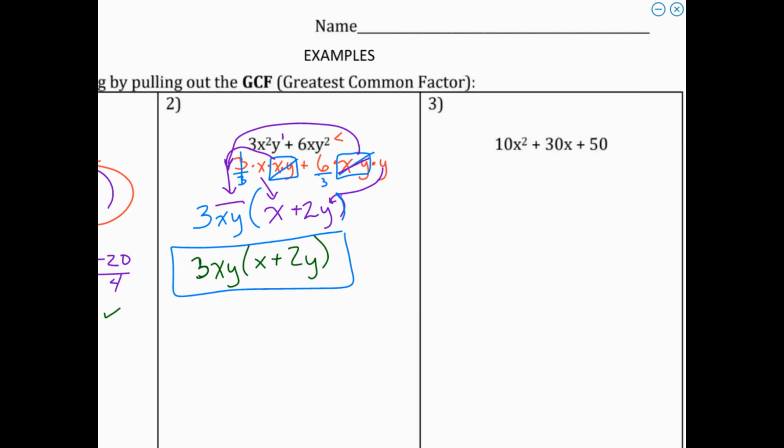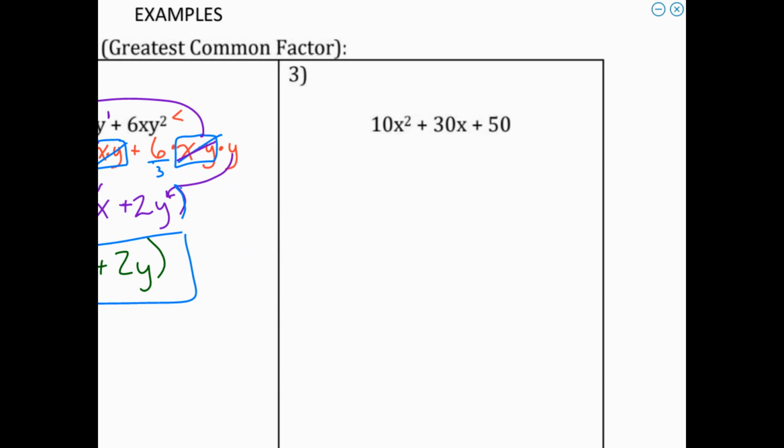Okay, so number 3. See if you can work it out on your own really quick, and we will talk about it. Are you going to have a variable in your greatest common factor?